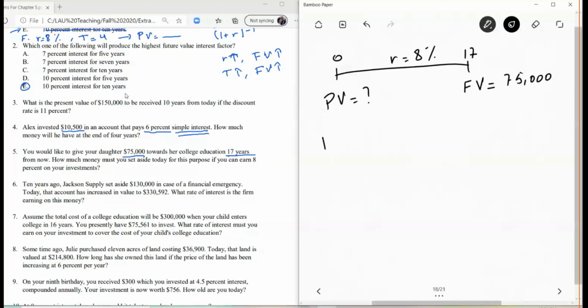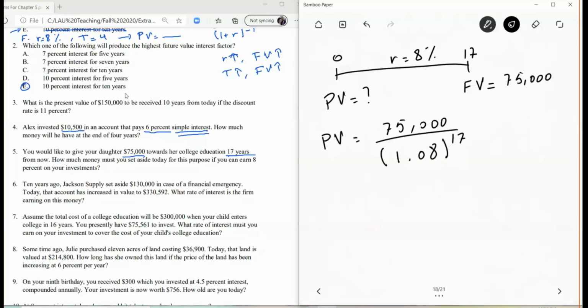If I'm applying the formula, PV equals FV, 75,000, divided by 1 plus R, 1.08, to the power T, 17. If I'm using the financial calculator, I need to make the following entries.